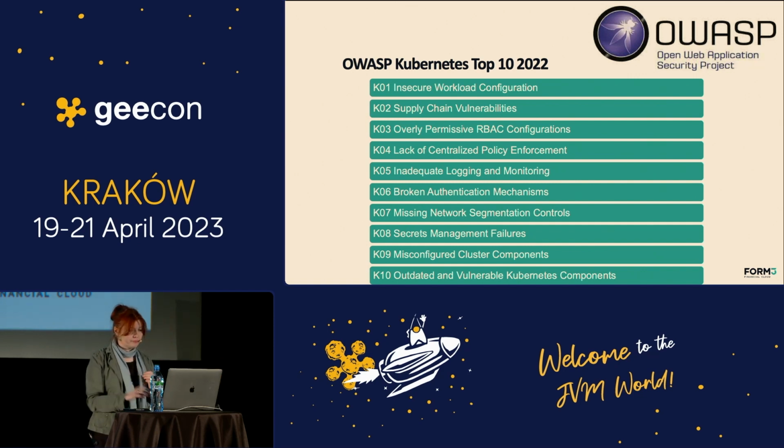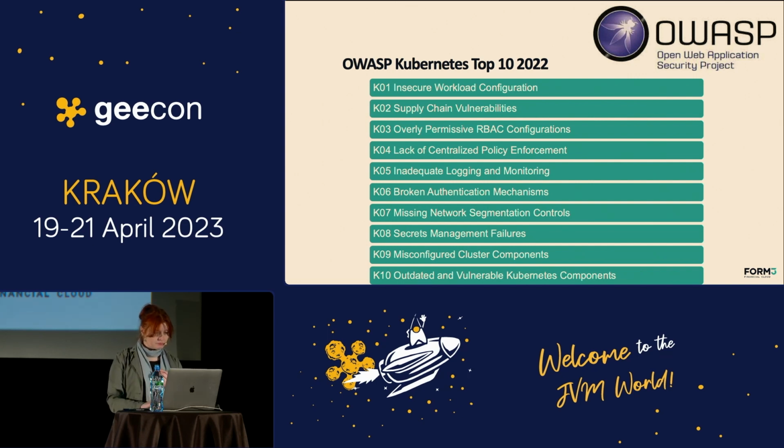Number 3, basically don't be too generous with RBAC permissions, or it's like you are throwing a party that anyone can crash. Number 4, a good piece of advice here is to centralize your policies, basically to reject any misconfigured Kubernetes resources.